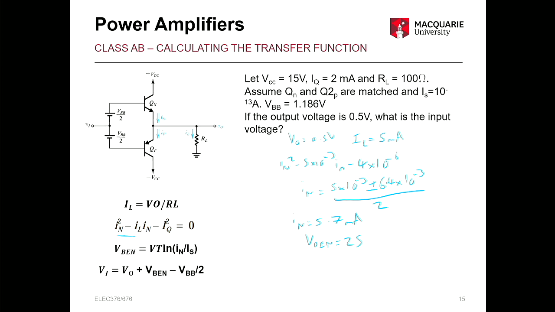So that's your thermal voltage times 24.77, which gives 0.62, and then you can calculate your Vin: output voltage plus your VBEN minus half of your VBB.